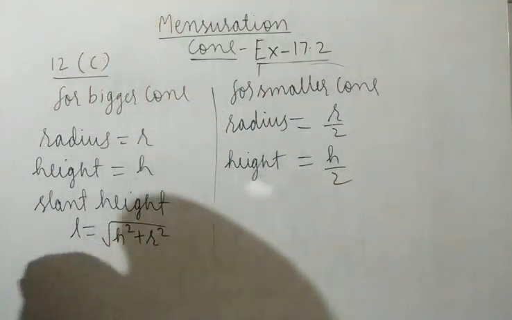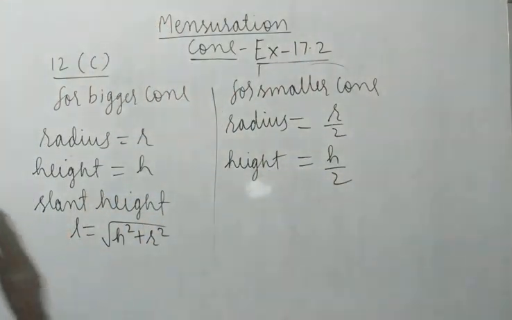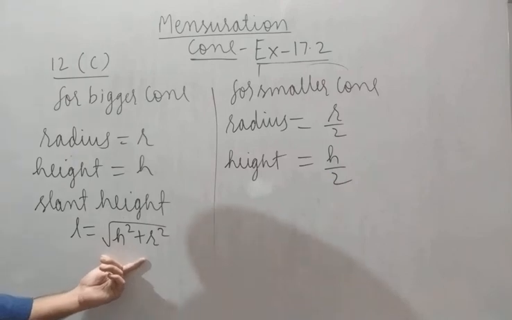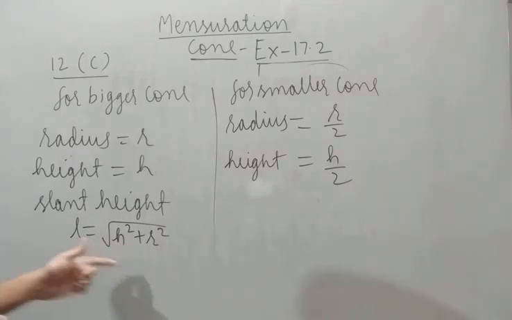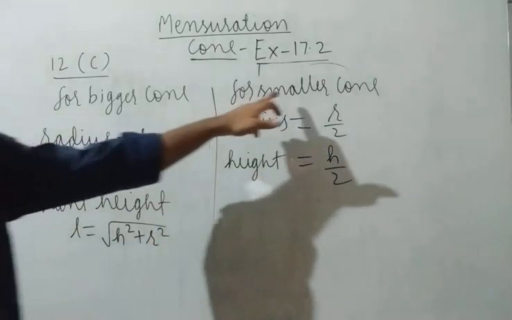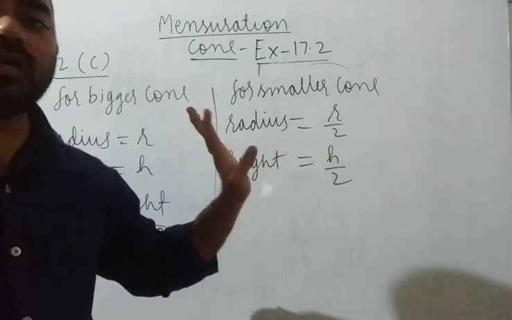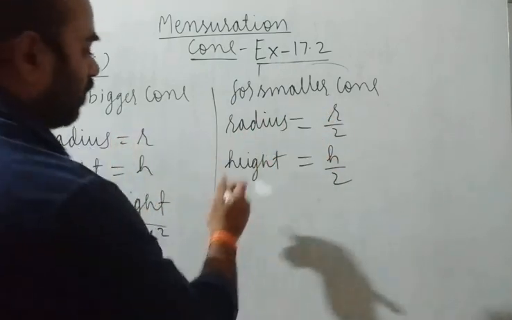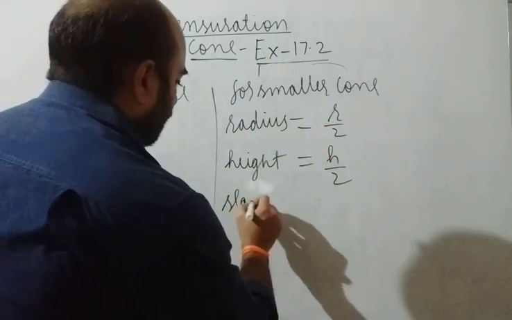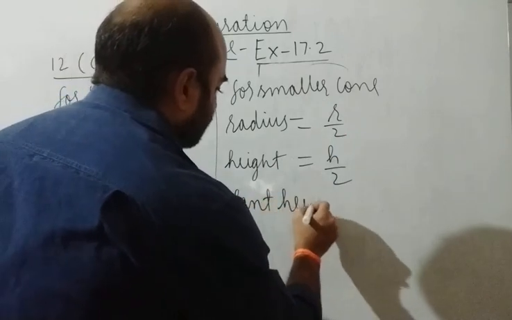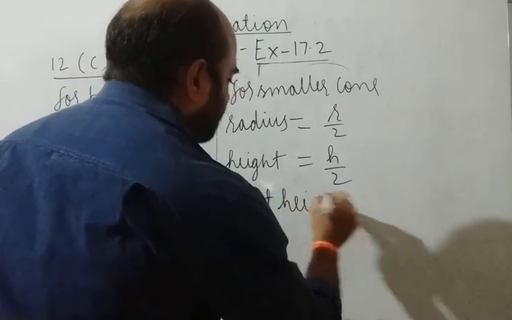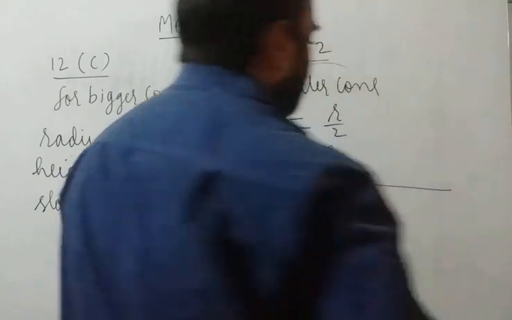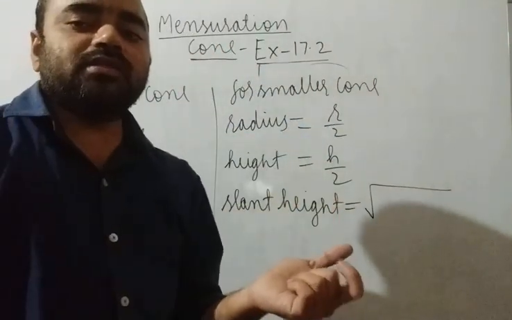Correct? So, what is the slant height of the smaller cone? Formula will be same: under root radius square plus height square.